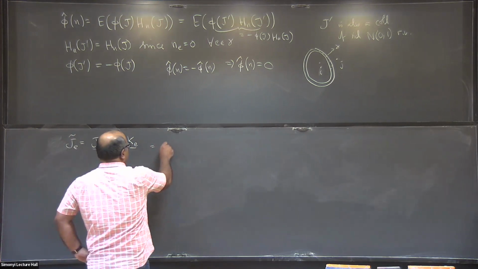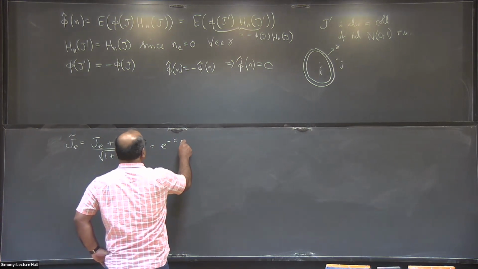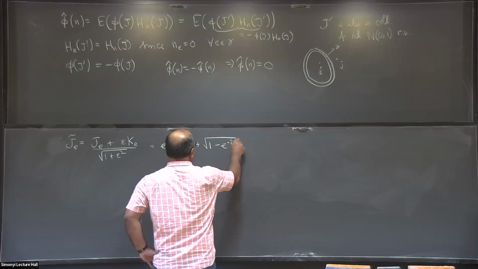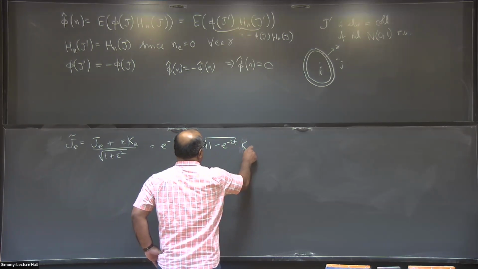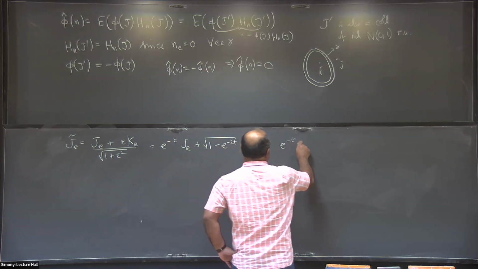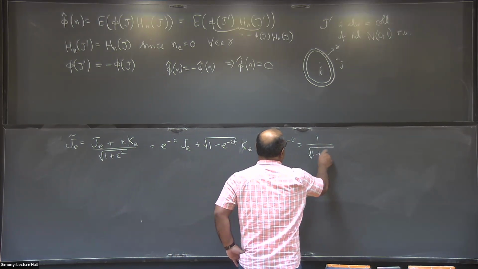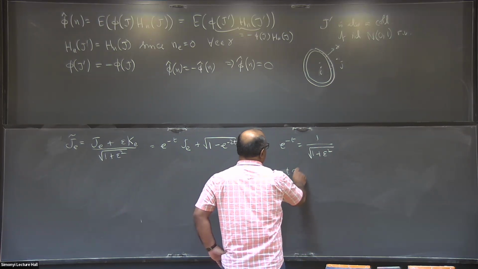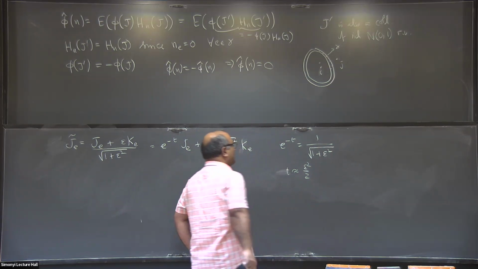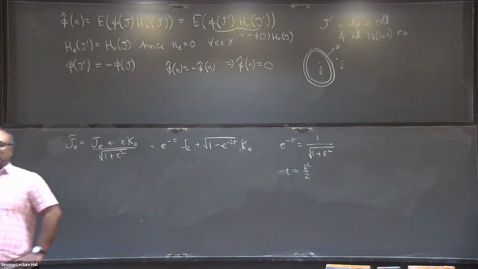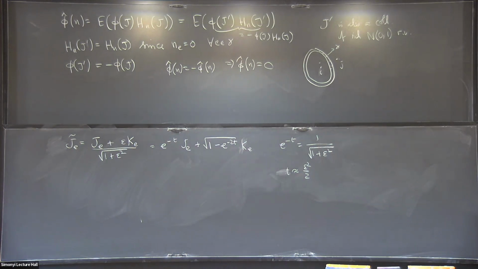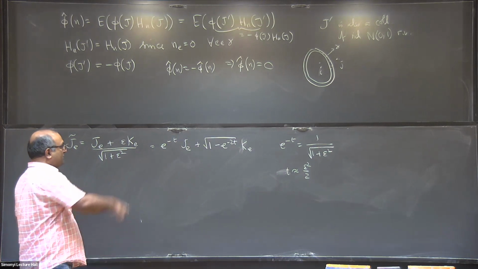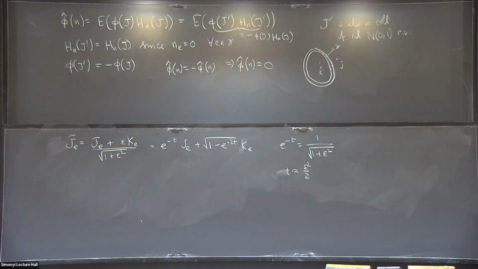So you can write it as e to the minus t J_e plus square root of 1 minus e to the minus 2t K_e, where e to the minus t is 1 over square root of 1 plus epsilon squared. So roughly speaking, t is roughly like epsilon squared over 2. So you take this t, which solves this equation, and you do the substitution. There is a reason why I'm doing this.